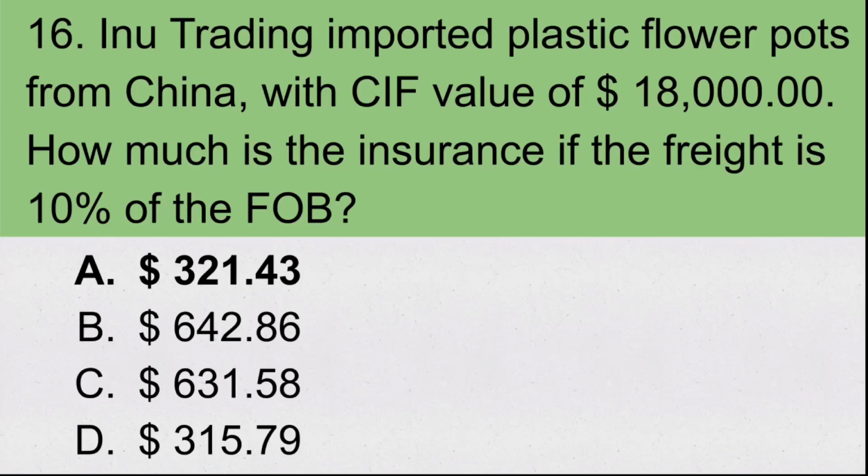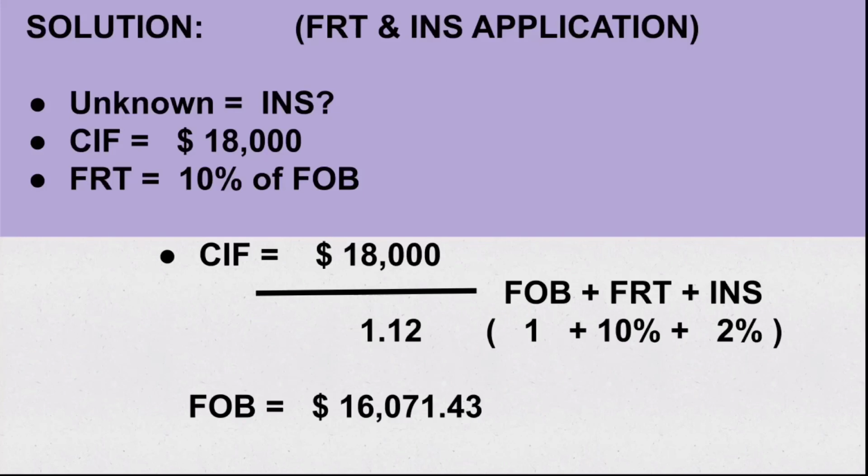So, here's the solution. According to freight and insurance application, what we are looking for in this problem is insurance. So, the given CIF is worth $18,000 and the freight given is 10% of the FOB. Again, from CIF, we look for the FOB.